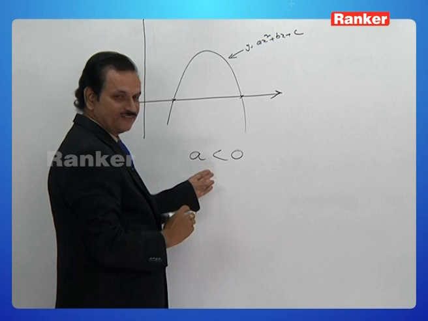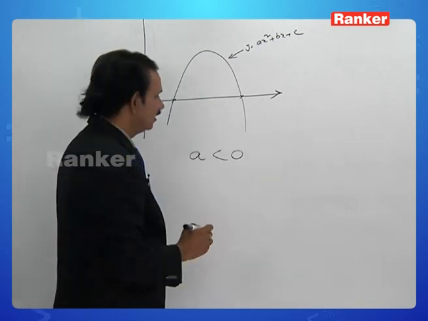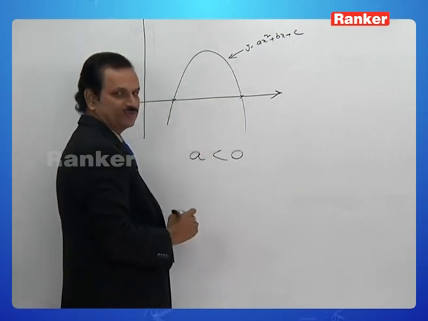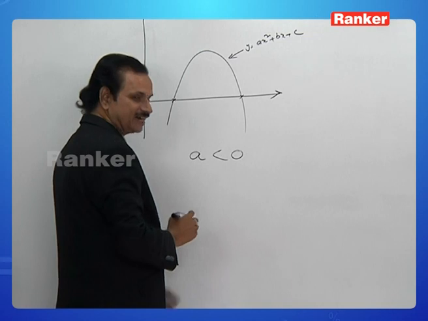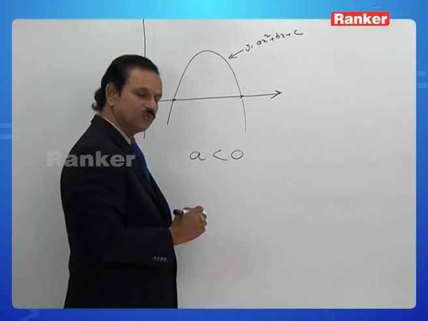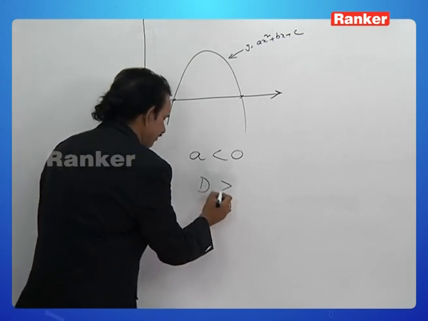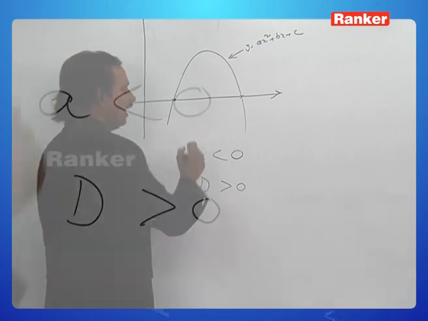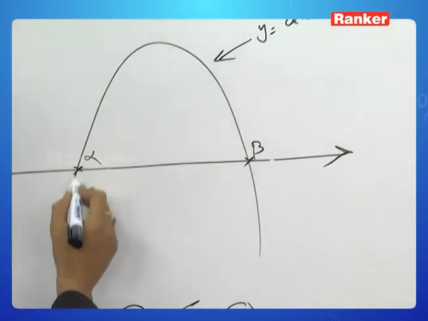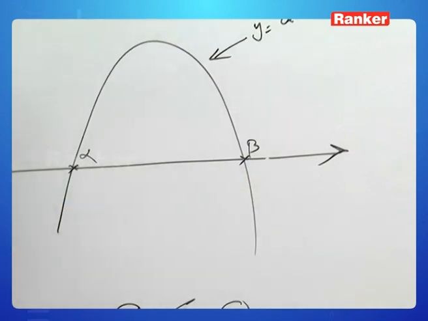As a is less than 0, the graph is a parabola opened downwards. Moreover, as it cuts x-axis at two distinct points, we see that the equation ax square plus bx plus c is equal to 0 has two different real roots. Hence, the discriminant d is of course greater than 0. Let us name this as usual alpha, this is beta. This point is of course alpha, 0, this point is of course beta, 0.